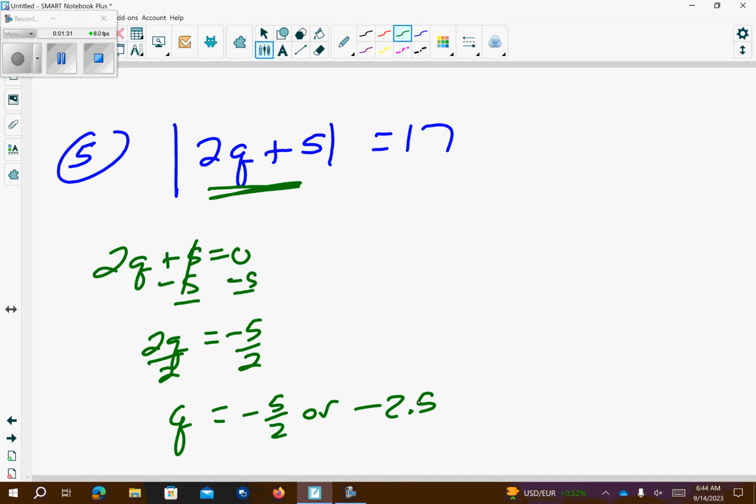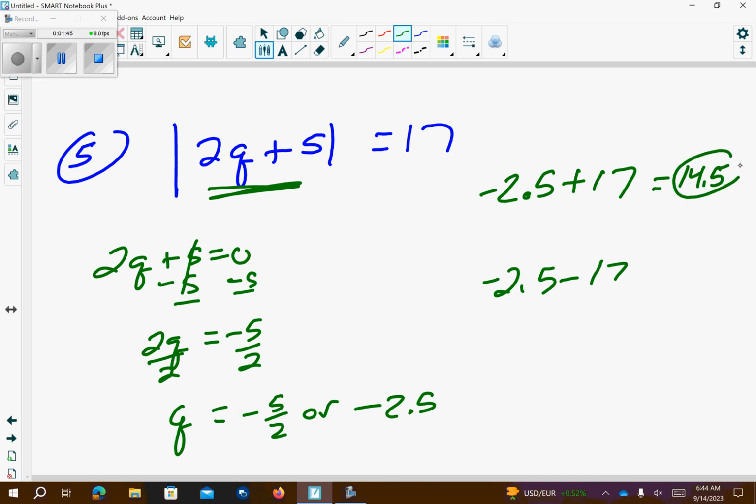So I'm going to go negative 2.5 plus 17 and negative 2.5 minus 17. So that's going to give me 14.5 as one answer, and negative 19.5 for my other answer.